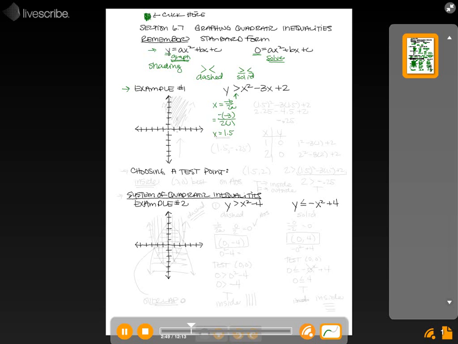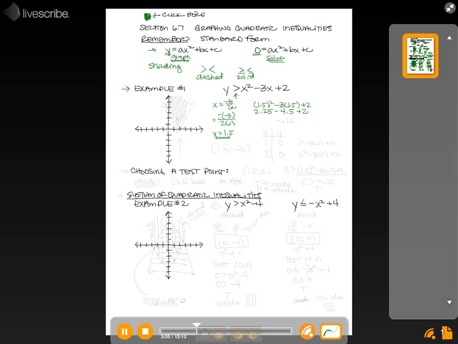Now, in order to find the rest of our vertex, we take that 1.5 and plug it into our problem. So now we have 1.5 squared minus 3 times 1.5 plus 2. We're going to simplify that. 1.5 squared ends up being 2.25, minus 3 times 1.5, which is negative 4.5, plus 2.